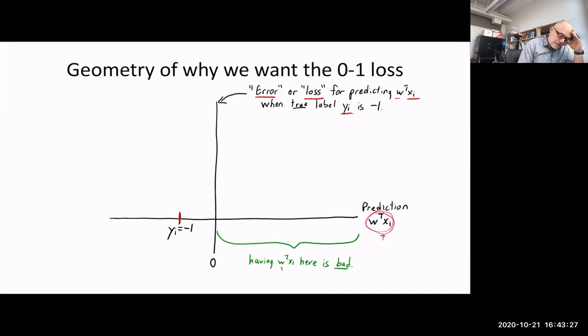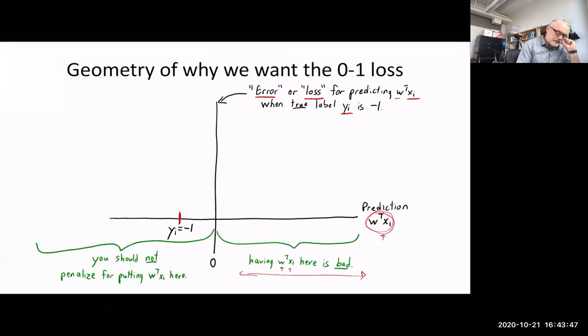Having W transpose Xi here is bad, right? If the actual value of Yi equals -1, we really want the sign to be negative, right? So having W transpose Xi over on the right-hand side is bad. We should penalize this. There should be a loss for this, right?